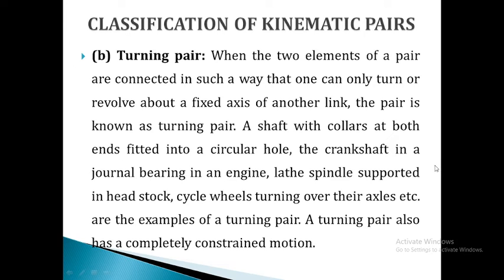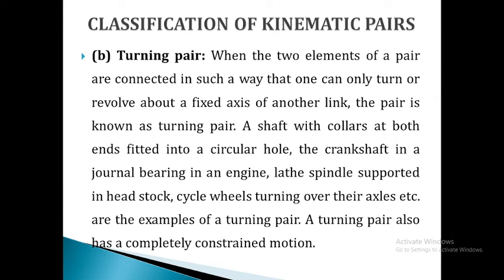Now the second kinematic pair is turning pair. What is turning pair? When the two elements of a pair are connected in such a way that one can only turn or revolve about a fixed axis of another link, the pair is known as turning pair.